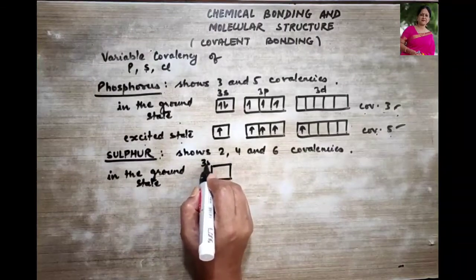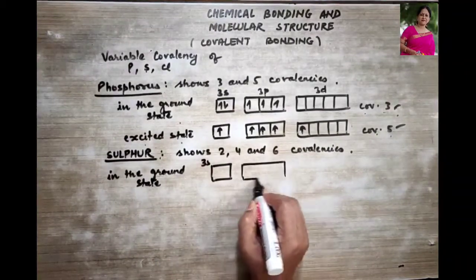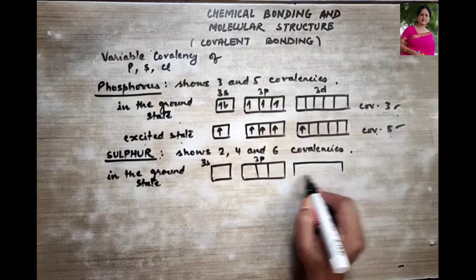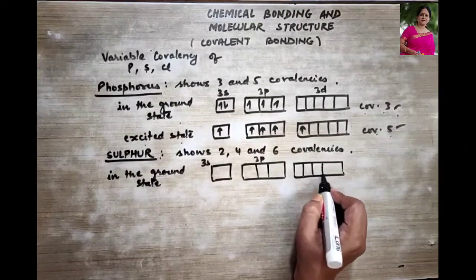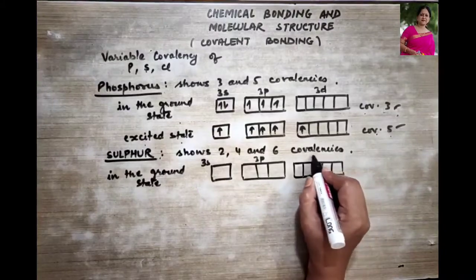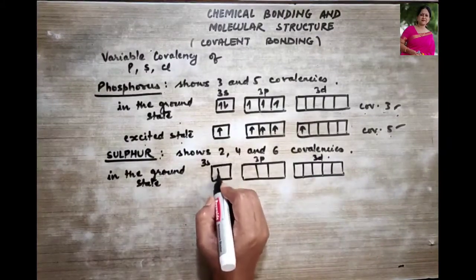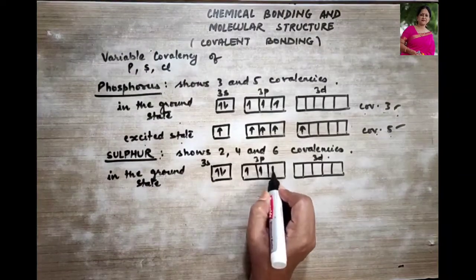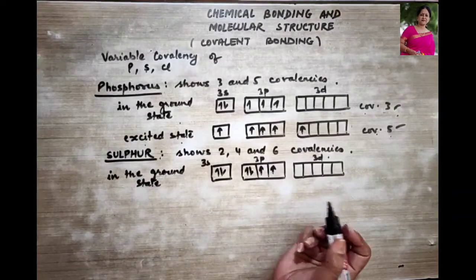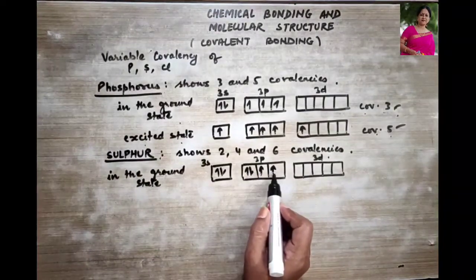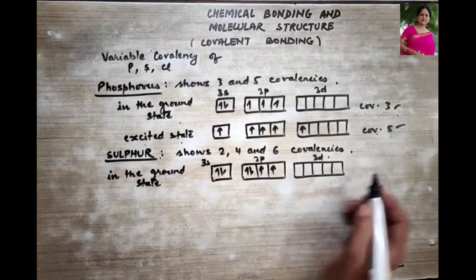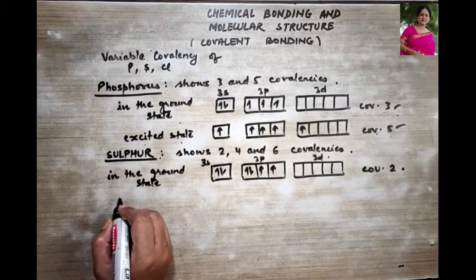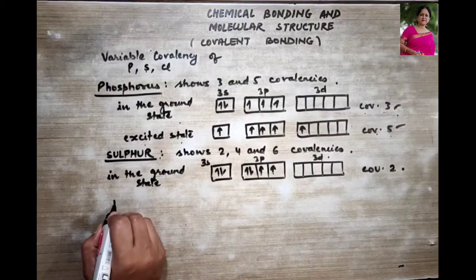This is your 3s, 3p, 1, 2, 3, 4, and this is 3d. Okay, so 3s2, 3p4, 1, 2, 3 and 4. So what do we see over here? 2 unpaired electrons. So covalency is what in the ground state of sulfur? 2.